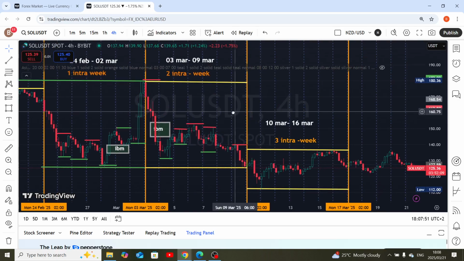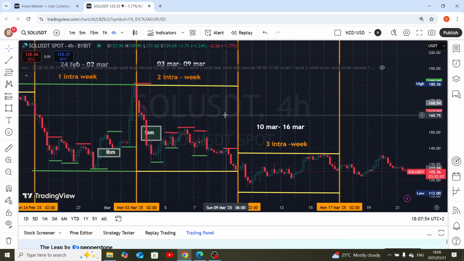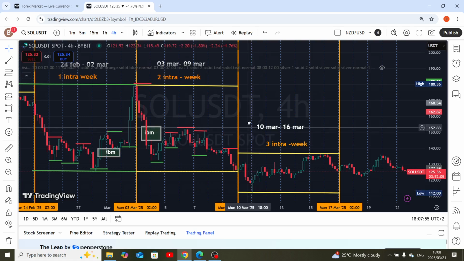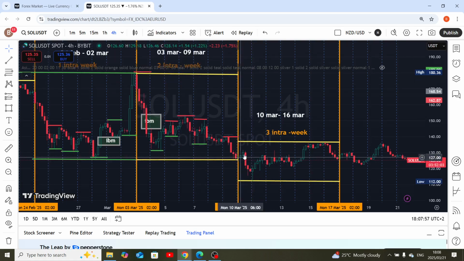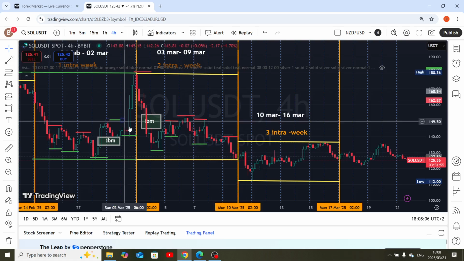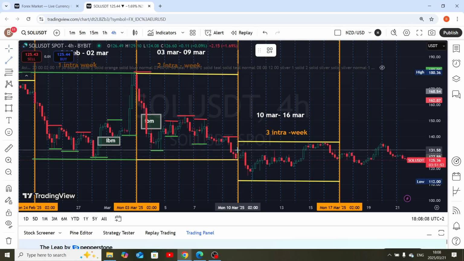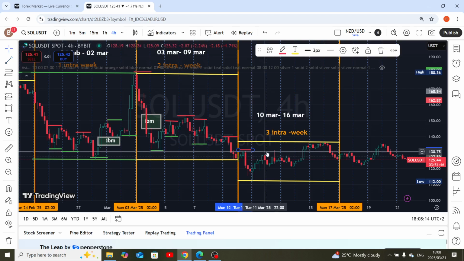So now we're going to look at this intra week. So we see that the institutions here, they were bearish. The reason why the market will fall, you will understand later on when I explain to you why the market did what it's supposed to do.